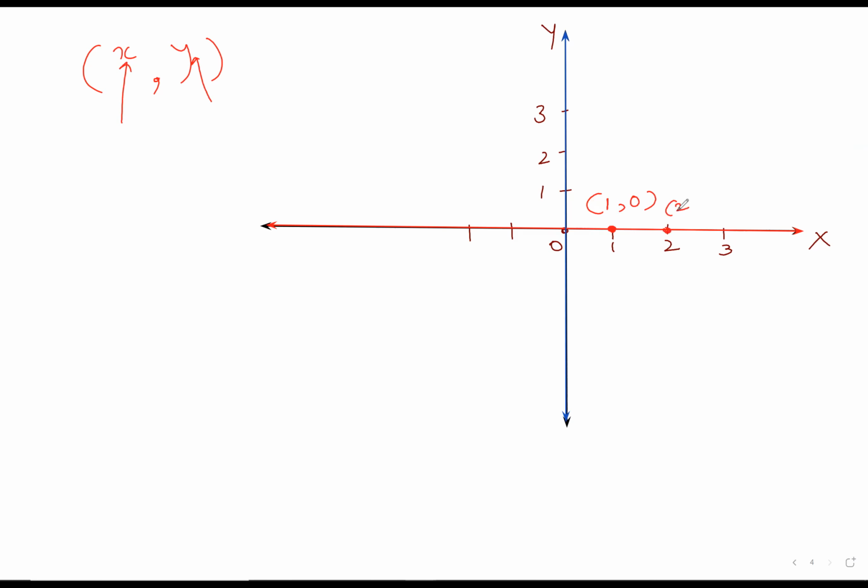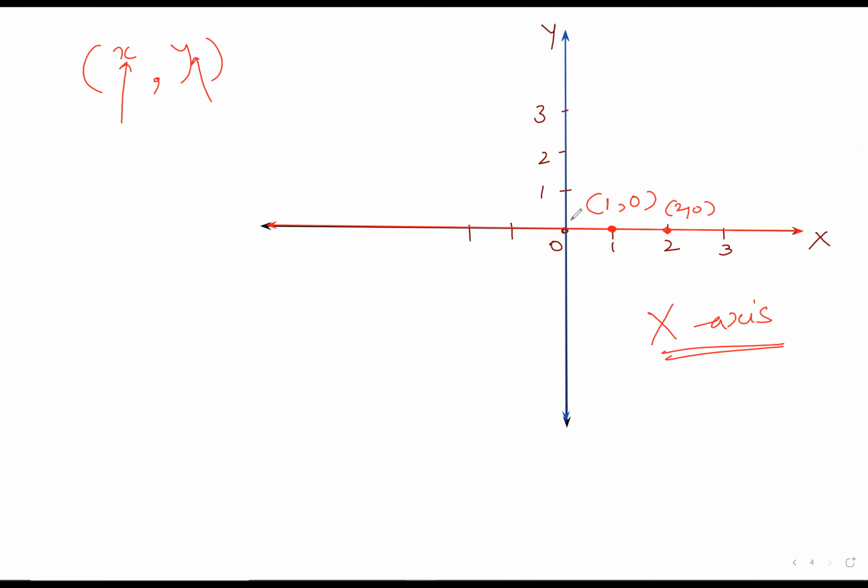The next point is 2, 0, and so on. So as I said, Miraj, any point on the x-axis, its y coordinate will be 0. Why? Because it is completely in the domain of x now. It's completely lying in the territory of x. So there is nothing at all that is going to be from y. Y is not going to contribute anything.